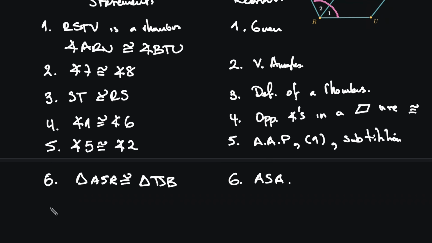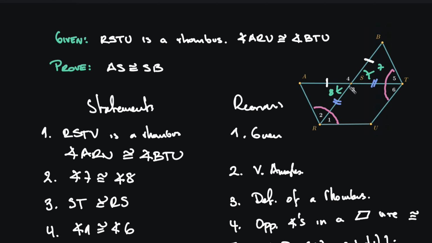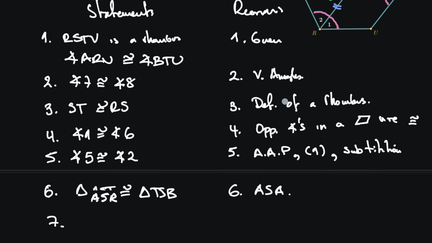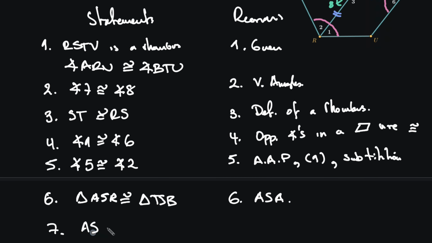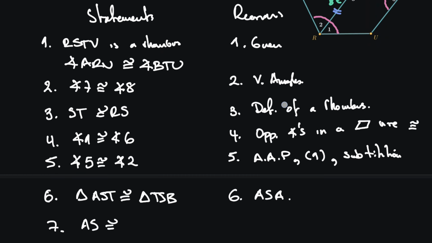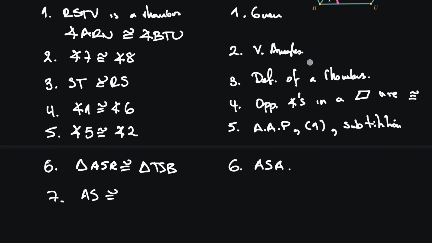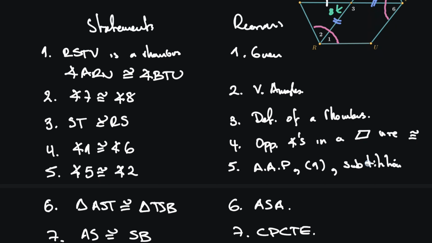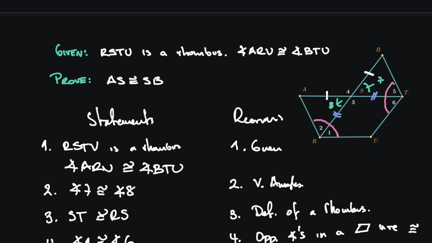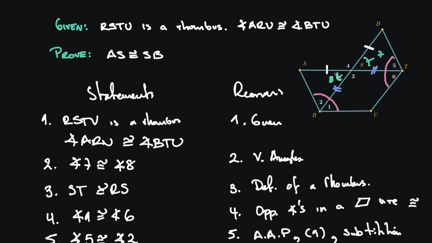And number seven, since these two triangles are congruent, now we can say that side AS is congruent with segment SB. This is by CPCTC. So this is how you prove that the two sides are congruent.